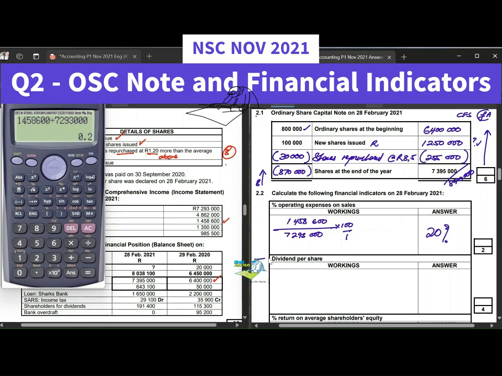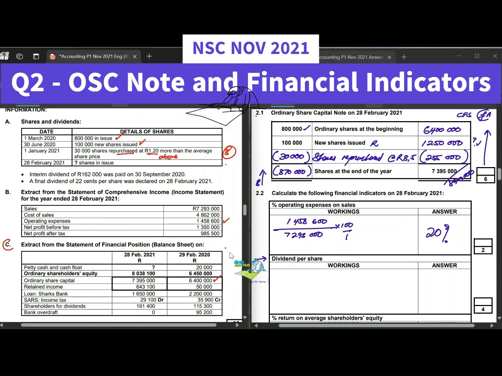But let's see the next one, dividend per share. This is your DPS now. I know some of you will take the amount in note 8, that is your retained income, the ordinary share dividends amount, if it's given, and then divide it by the number of shares at the end. That may not be the right way. Why? Because at times when there is a change in the number of shares, you have to calculate the dividend per share individually.